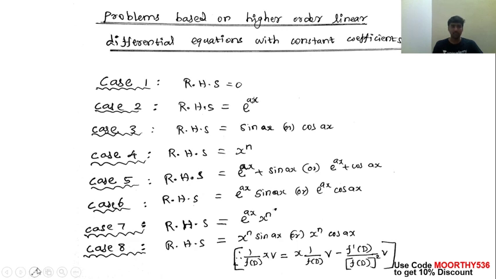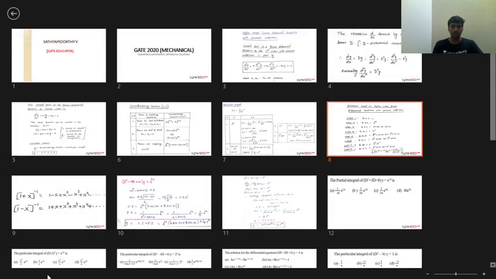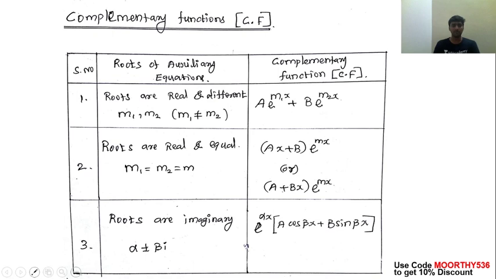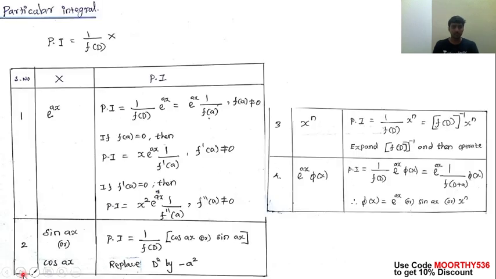as well as the Euler-Cauchy equation. Then the e power ax category. When e power ax is the right hand side, this is the procedure for the particular integral: 1 divided by f of D into e power ax is equal to e power ax into 1 divided by f of a.